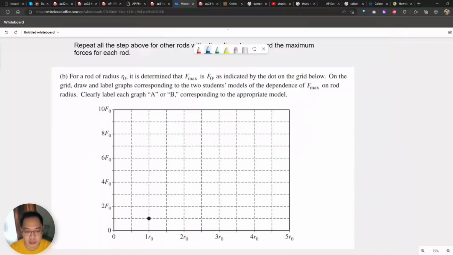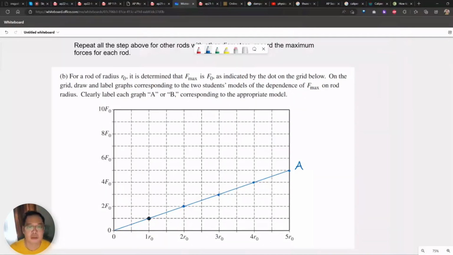I use the linear line to help see the data more clearly. So twice the radius, twice the force, 3 times the radius, 3 times the force, 4 times the radius, 4 times the force, and so on. Okay, this is for student A. Yes. So it should be a linear straight line like this.